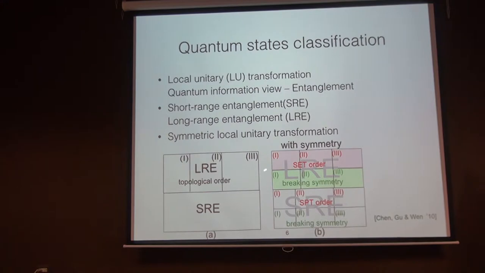However, for the long-range entangled state, the symmetry will enrich the topological order, so they call it the symmetry enriched topological order. So in the following, I will give you an example of how to numerically classify the symmetry protected topological order phase and the trivial state. And another case is how to classify the different SET phases.